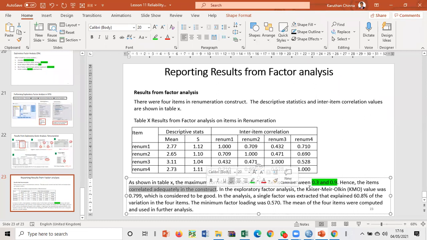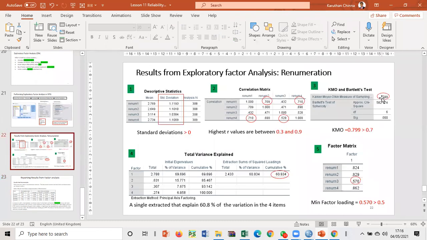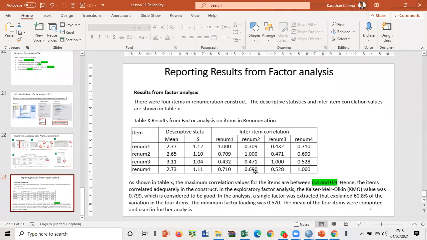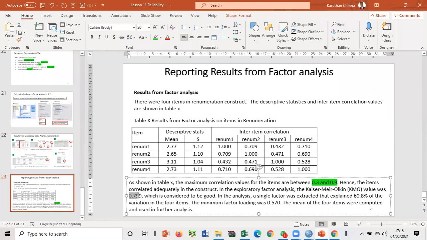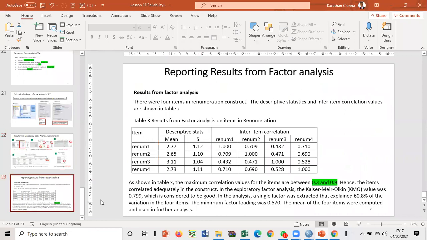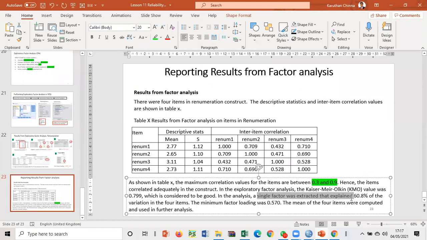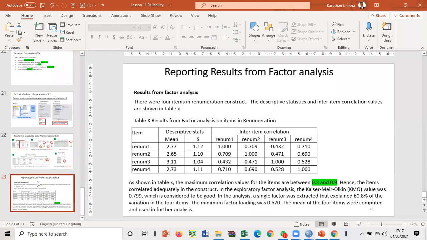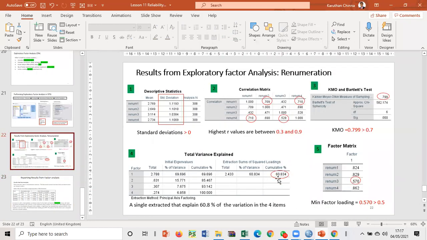In the factor analysis, the Kaiser-Meyer-Olkin value, which we got from this table, was 0.799. Anything more than 0.7 is considered good. In the analysis, the 4 items became one factor. A single factor was extracted that explains 60% of the variation.